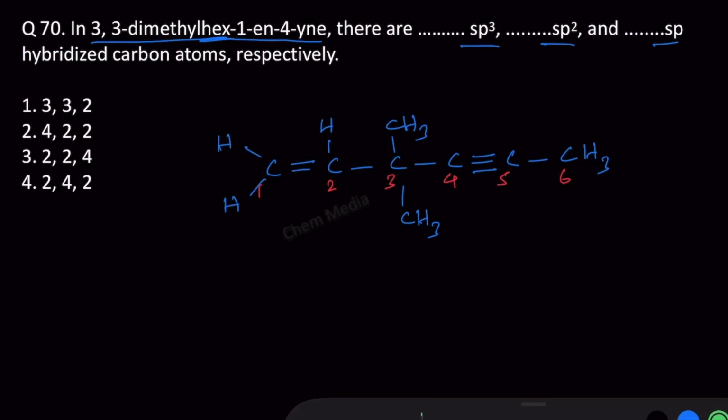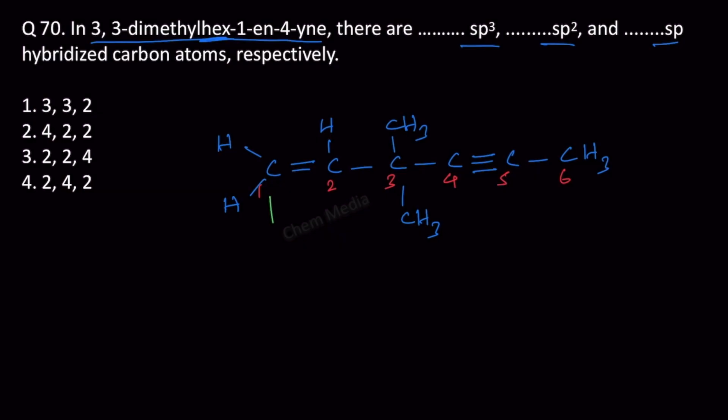Now let's figure out the hybridization. At position 1 it is sp2 because we have a double bond. Position 2 also it is sp2. Position 3 it is sp3 because we have 4 carbon-carbon single bonds.